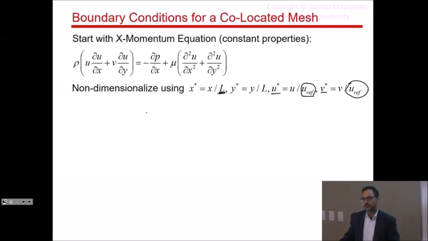If you're looking at flow over a sphere, it could be u infinity, the velocity that it's coming in with. Depending on the problem, it could be some value, and it doesn't really matter which inlet velocity you're using. It's just a fixed value which is non-zero. Obviously, you can't divide by 0.